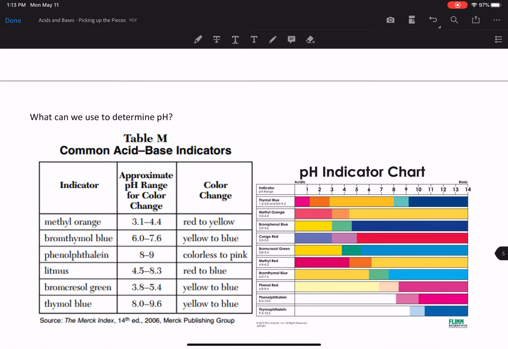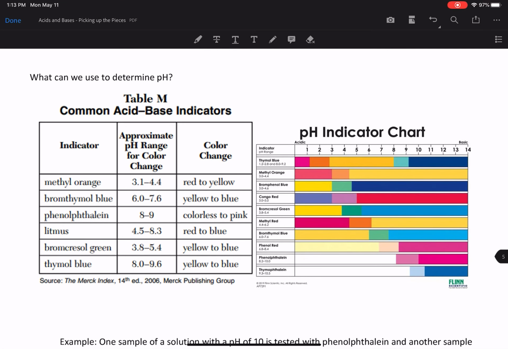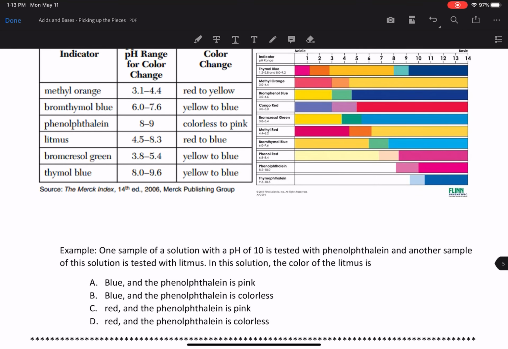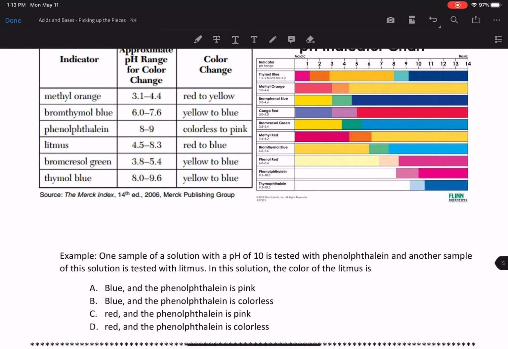All right, so what can we use to determine pH? In table M in your reference table, you have some common acid-base indicators. So again, these are just chemicals that will change color based on the pH of their environment. So looking at an example problem here, it says one sample of a solution with a pH of 10. So this is going to be basic.